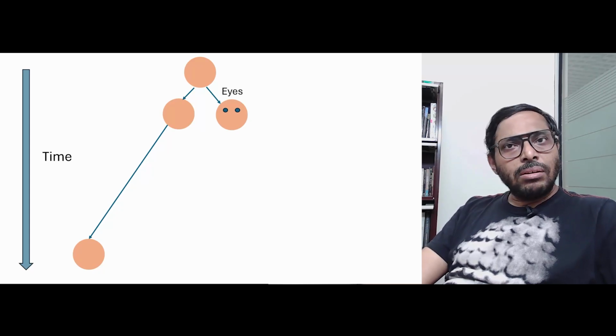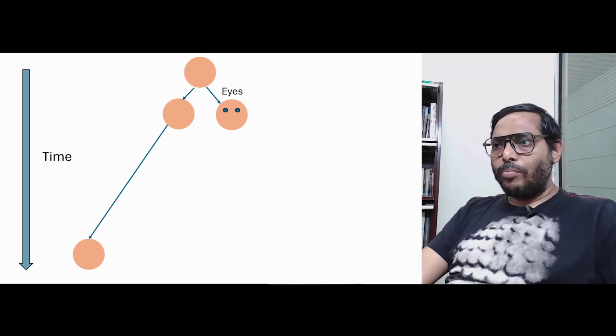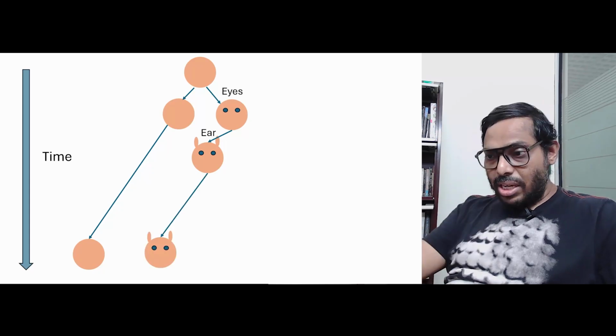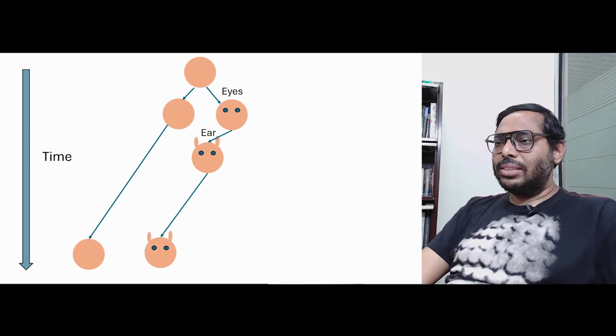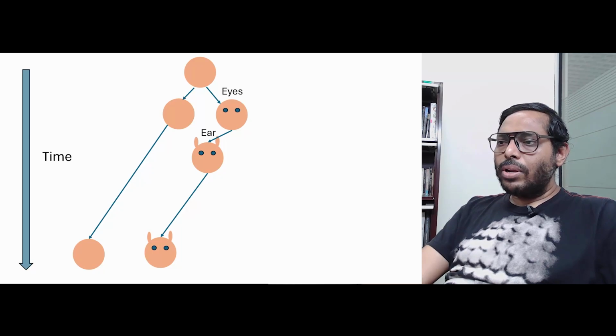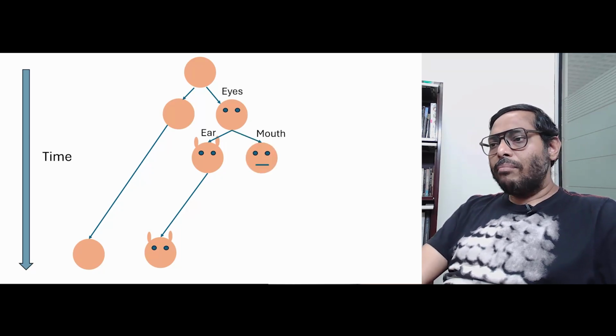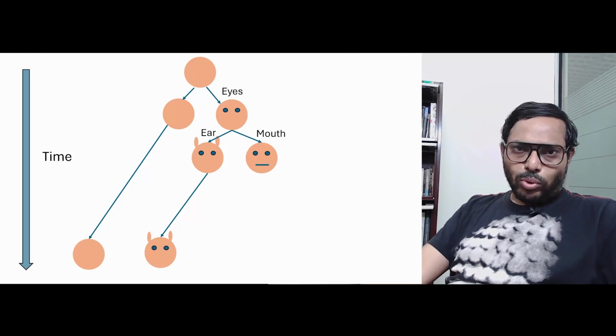Now, this group at some point again splits into two. One group has, let us say, ears on top of the eyes, and then that group does not change any further, and it essentially comes down to modern times with ears and eyes. The other group acquires another mutation or set of mutations, by which it now also acquires a mouth.